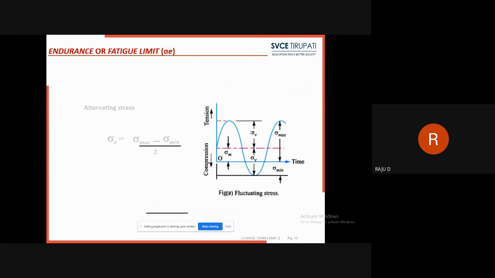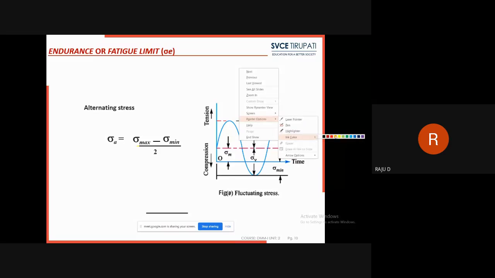Next, see this. In our fatigue loading condition, once you calculate the mean stress value or variable stress value, we are going to remember some formulas. In fatigue loading condition, the ultimate goal is to calculate the diameter of the bar, or plate thickness, or factor of safety.